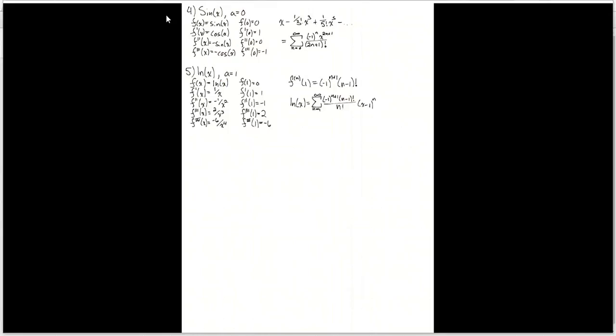So we can actually simplify this a bit with those factorials. So we've got our sum again, from 1 to infinity. And we've got -1 to the n plus 1. And then we're going to have just n on the bottom. And this is x minus 1 to the n. So now this is our Taylor series expansion for the natural log of x.